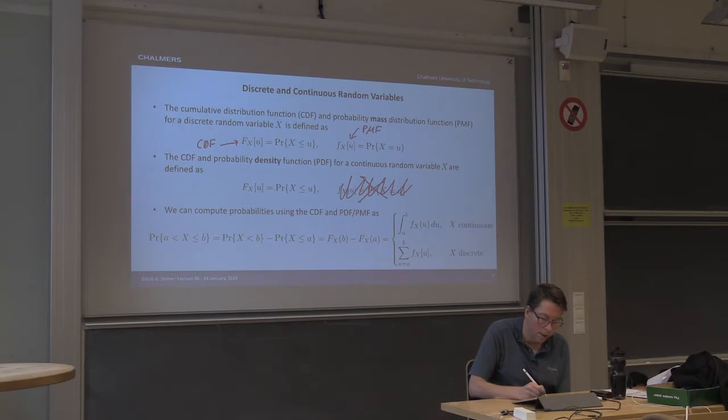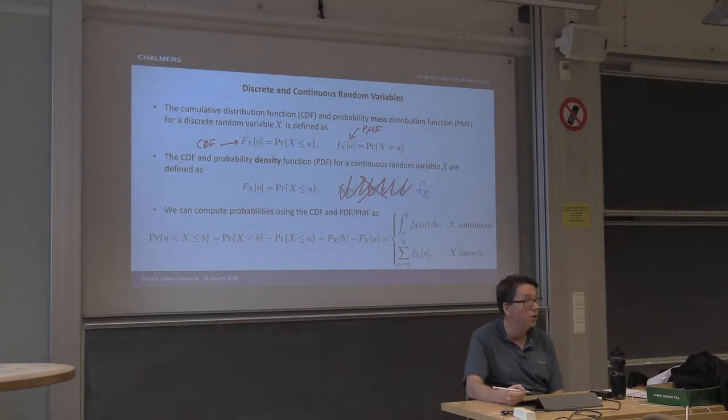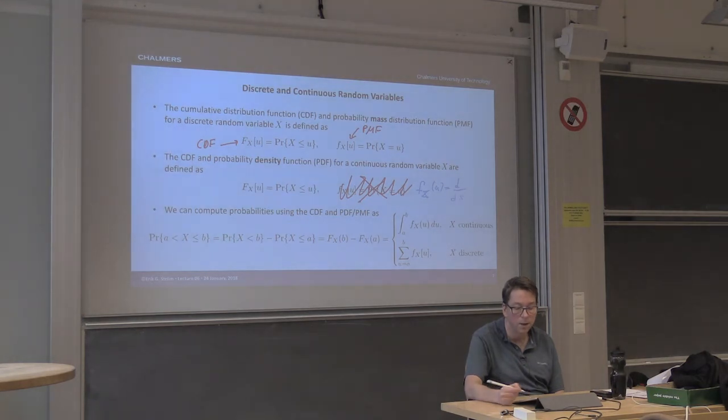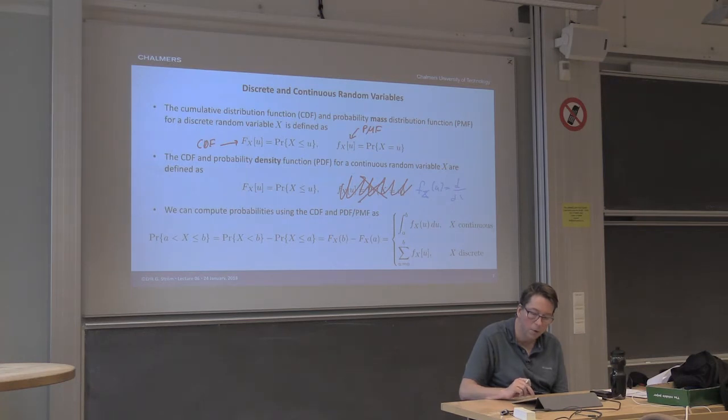So in the continuous case, we have still small f of x, which is now a probability density function, and it's a function of u, and it is defined as the derivative of the CDF.